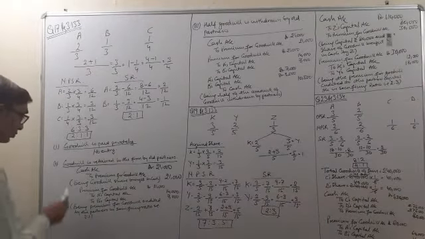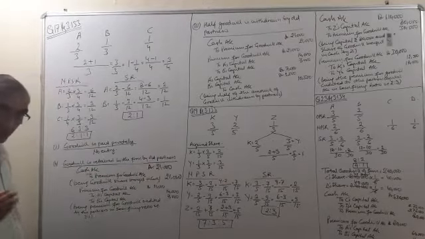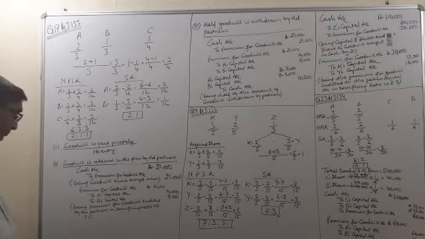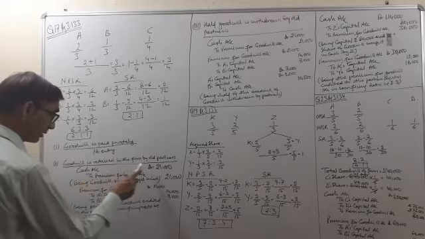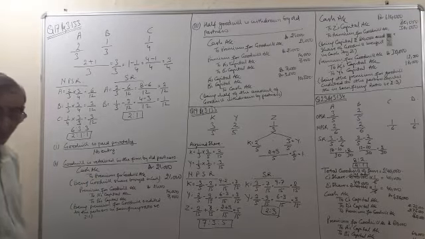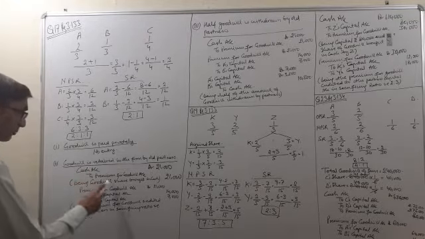Second case is goodwill is retained in the firm by the old partners. Now the partners want to show the goodwill in the firm, and they want to show that they have earned something in the form of goodwill. So cash account will be debited. 21,000 has been received by the partners, so cash account will be debited to premium for goodwill.